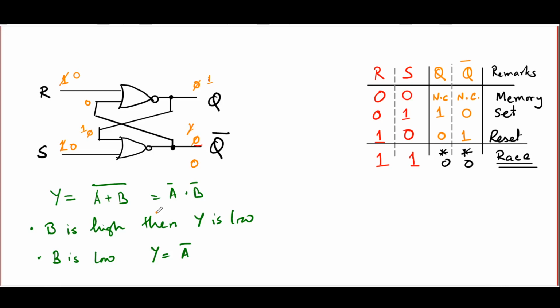And this is the situation you would want to avoid, where you cannot predict what the output will be. The output will actually depend on chance factors like which of the gates is faster and so on. So if you were using an RS NOR latch, you would try to avoid this situation where inputs are both 1 at the same time. In fact, many of the modifications of this NOR latch that we actually use are designed in order to avoid the possibility of the two inputs going 1 at the same time.